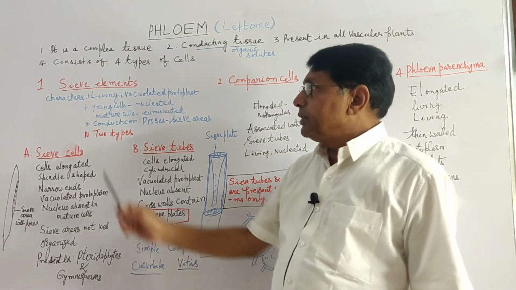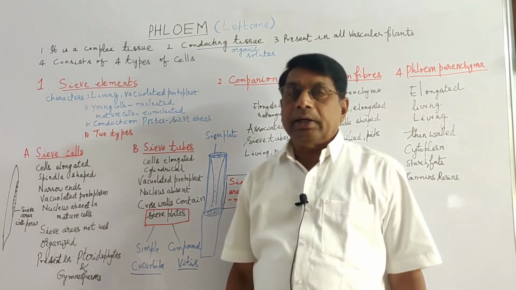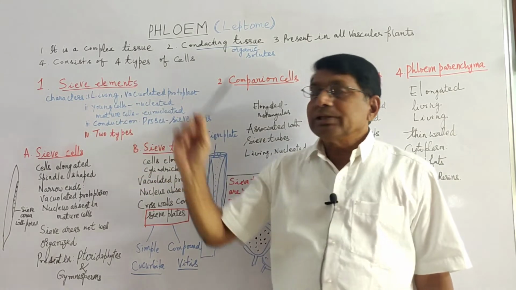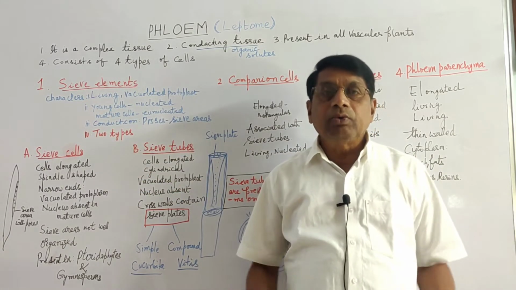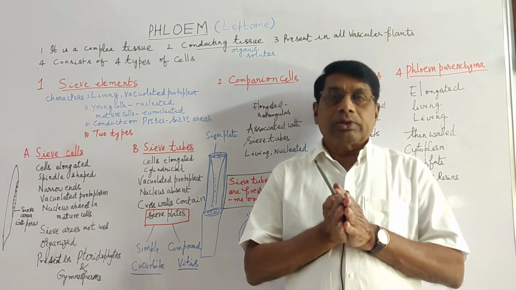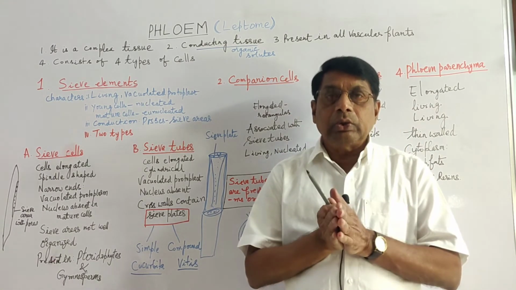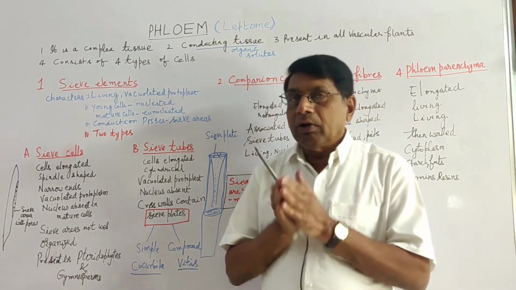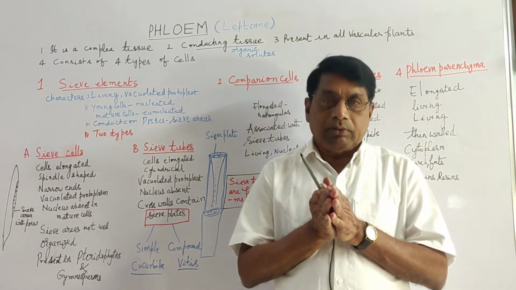Sieve elements characters. What are the characters of the sieve elements? These are living cells. When do we say cells are living? They must possess the protoplasm. They should possess the nucleus. Then only we say it is living, or it should perform the metabolic functions.